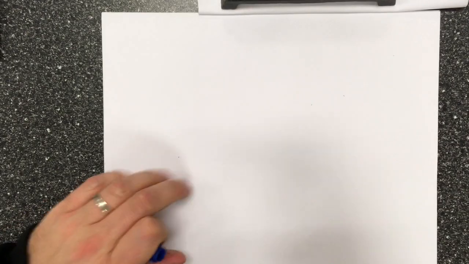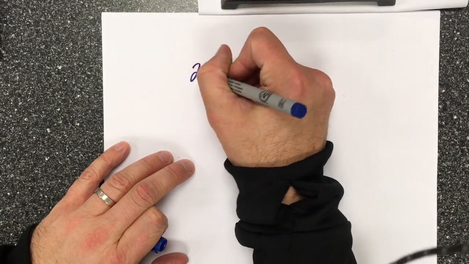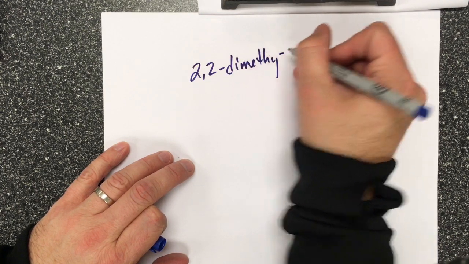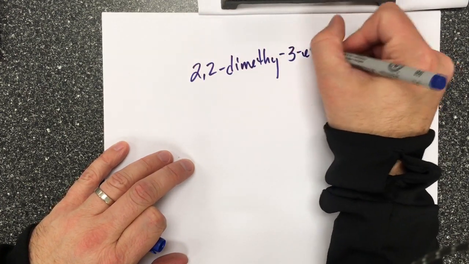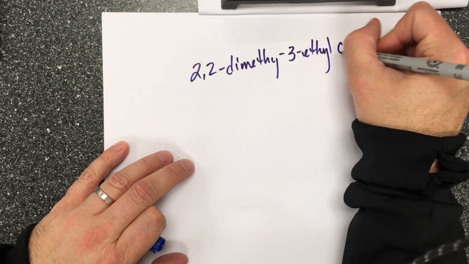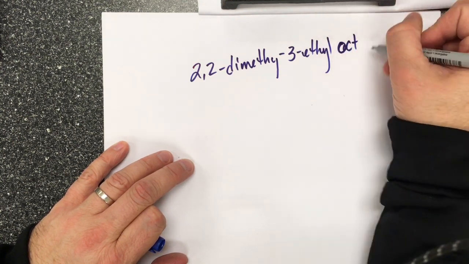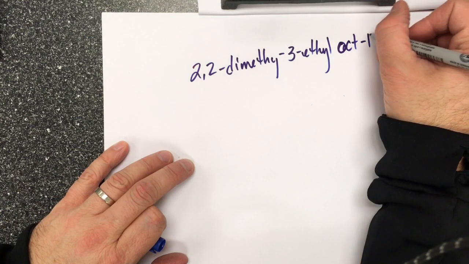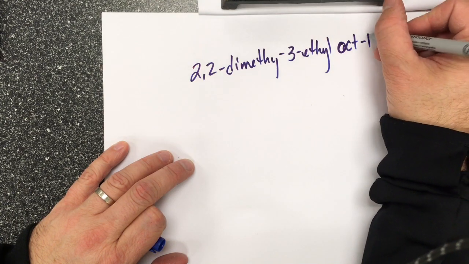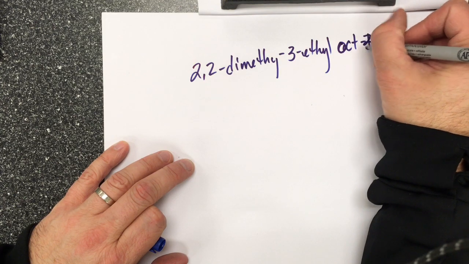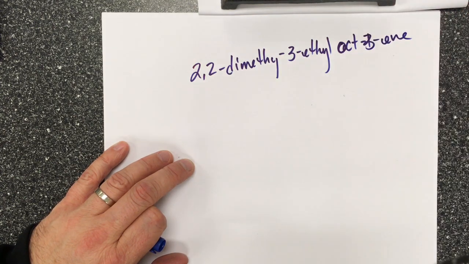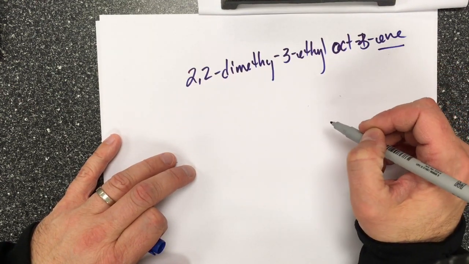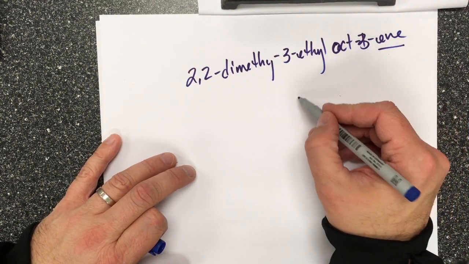If I have something like 2,2-dimethyl-3-ethyl-oct-3-ene, I know that this has got an extra carbon-to-carbon bond, and it's got 8 carbons.